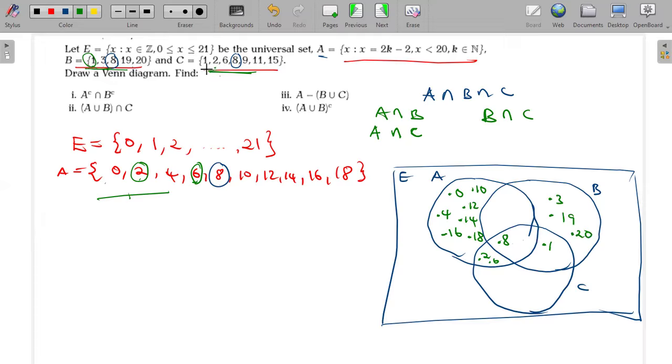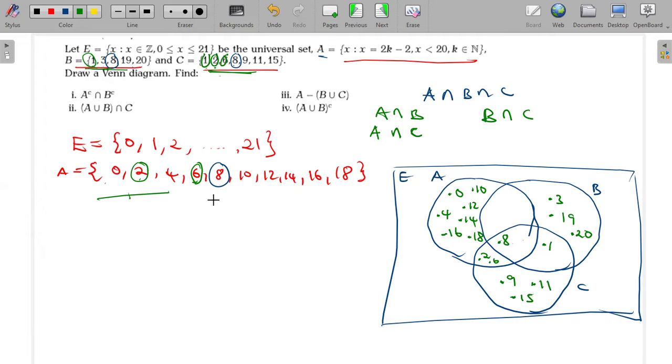Now you go to see what has remained in C. So 1 has been removed, 2 has been removed, 6 has been removed, and 8 has been removed. So you remain with 9 there, and then 11, and then you have 15.